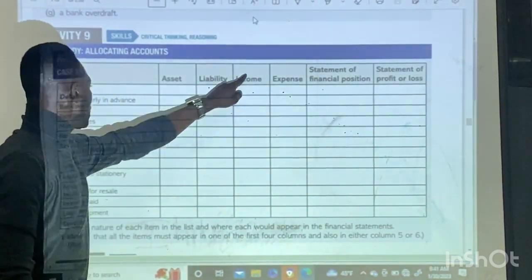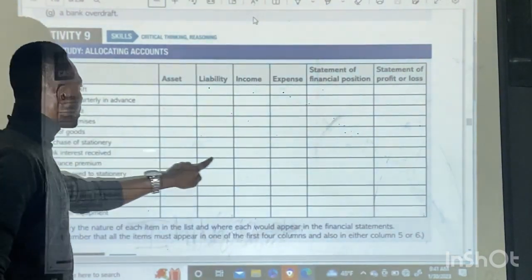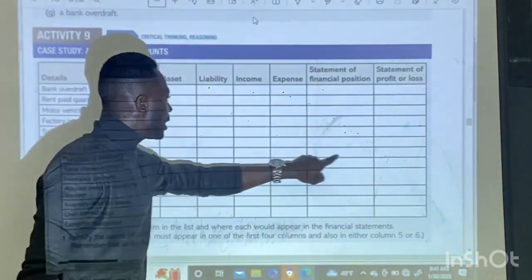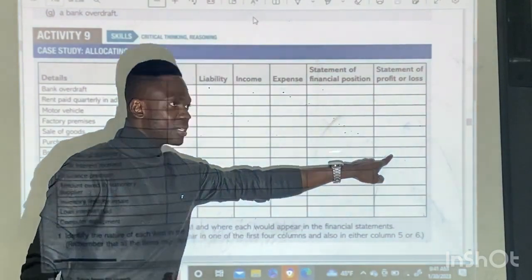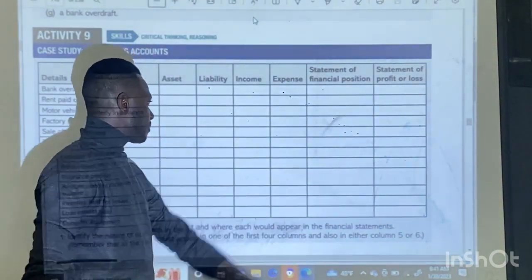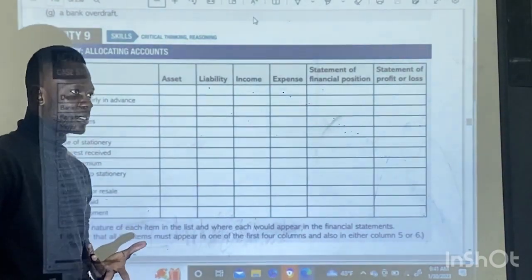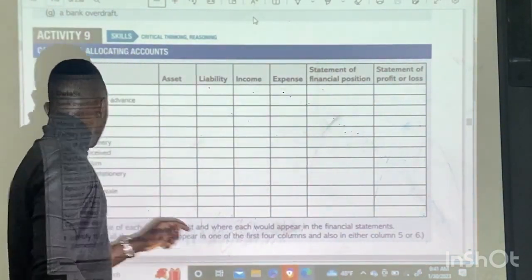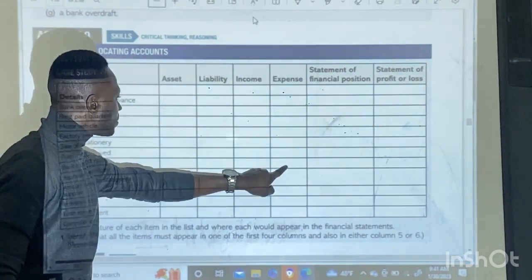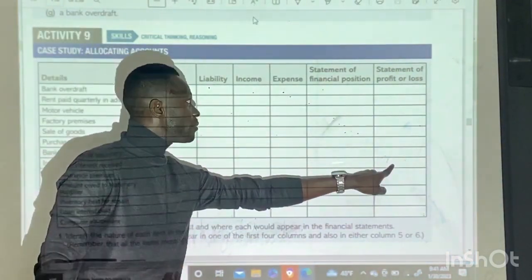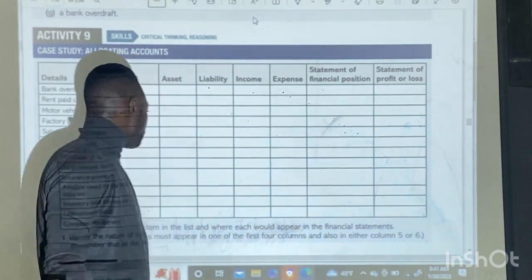So it is income for the business, bank interest received, income for the business, and statement of profit or loss after the gross profit. The next one, insurance premium. You pay insurance. That's an expense for the business. So insurance premium is what? Expenses for the business, statement of profit or loss.